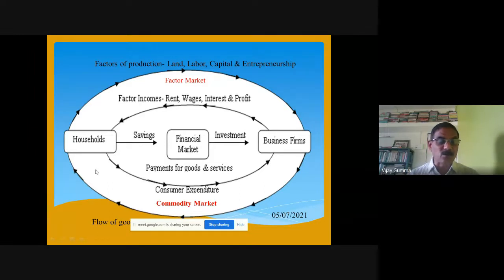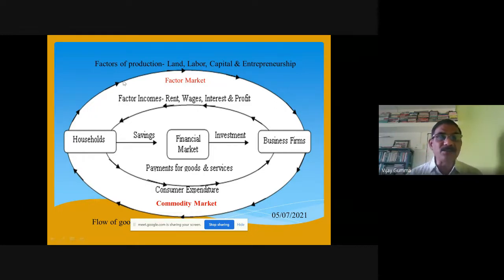Expenditure of the household sector in the form of consumption of goods and services, or consumers' expenditure, is the income of the business firm sector. Savings of the household sector is equal to the investment of the business firm sector.